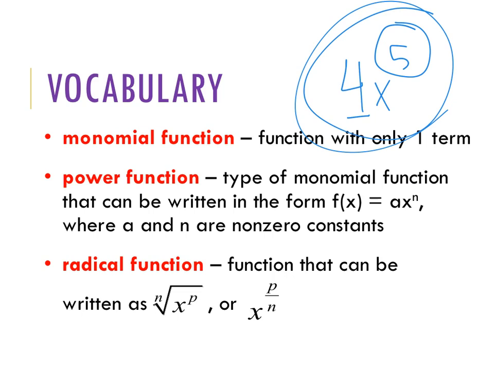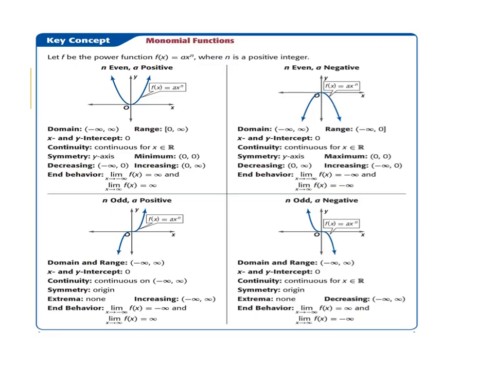Don't worry too much about that; with the vocab, you can read that on your own. A radical function is just a function that is written with this square root sign, or if you remember, you can convert back and forth between radical form and rational exponent form. Either way, we're going to move on here.